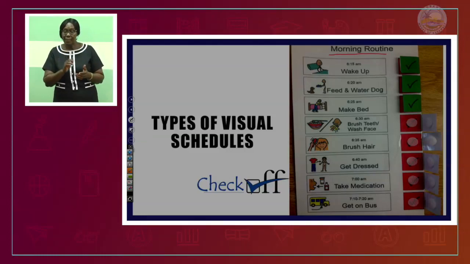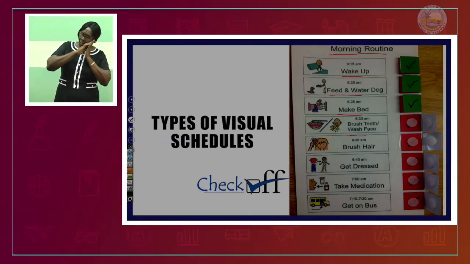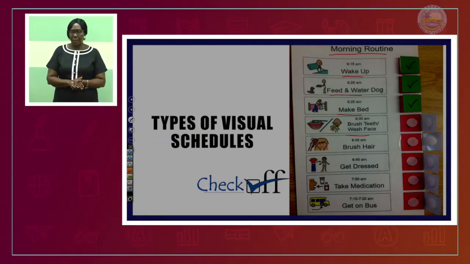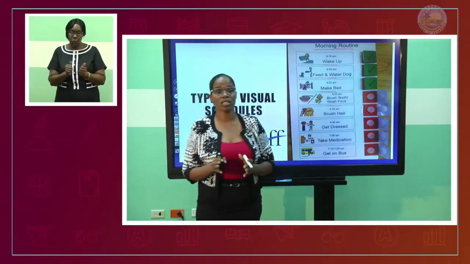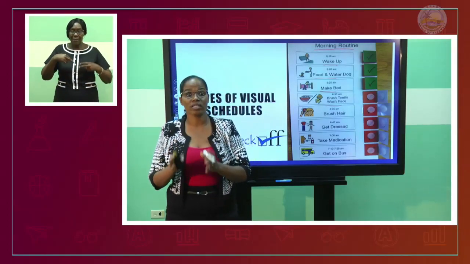So you have your wake up, feed and water the dog. And children have chores to do. Make the bed, brush your teeth. Now sometimes we are looking at this and you are thinking, it's so rigorous. But for students with disabilities, especially persons with autism and ADHD, we need to have a structure for them.